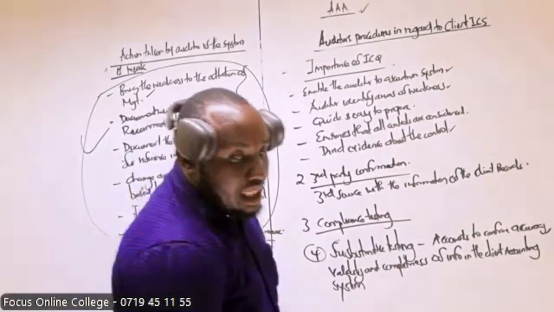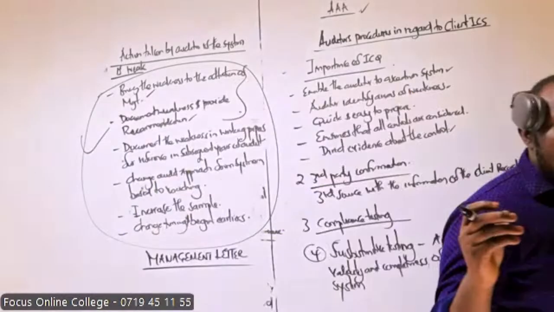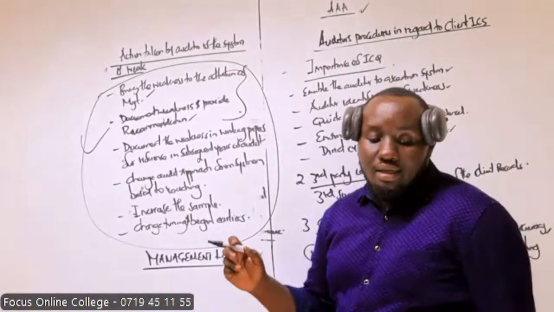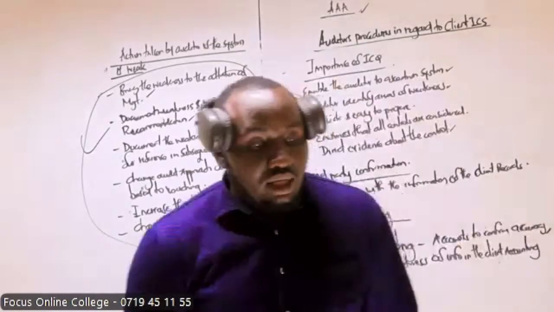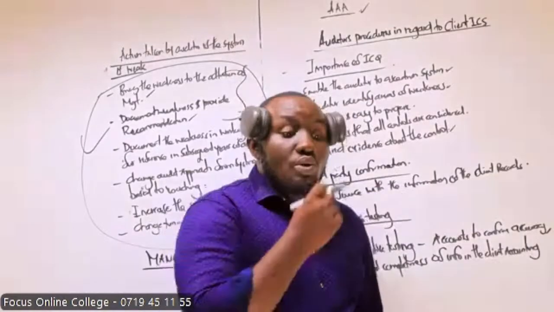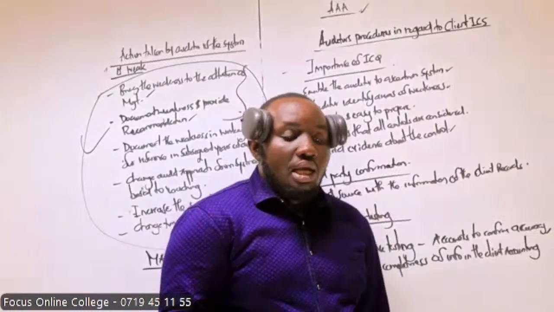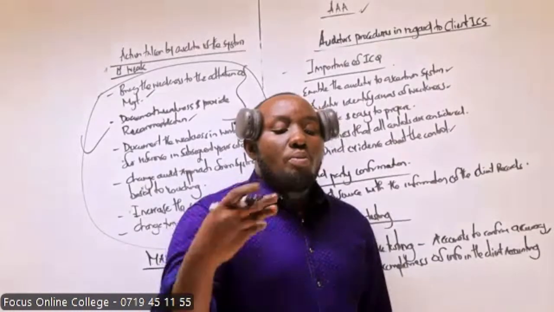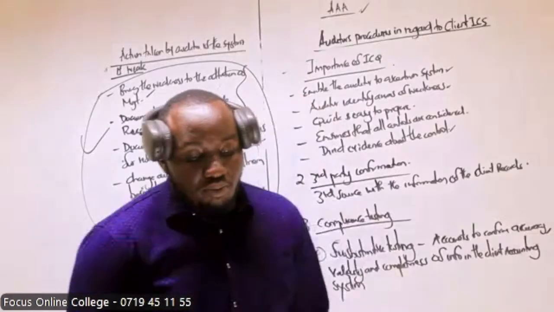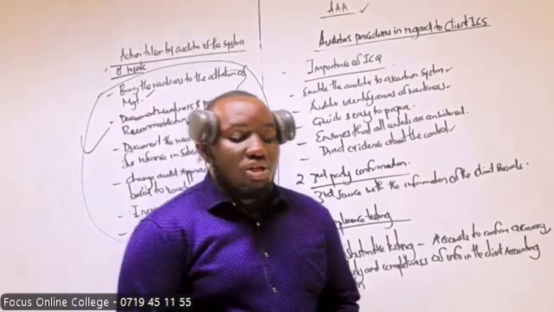It comes from the auditor to the client, and the essence of it is to highlight weaknesses identified in the system, provide recommendations for improvement, and raise any other matter the auditor may wish to bring to management.